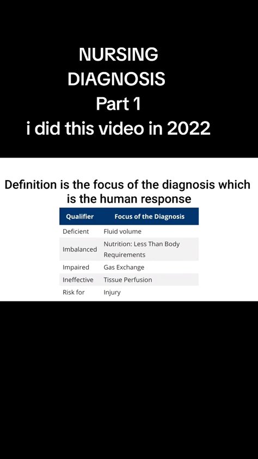The definition is the human response that is the focus of the diagnosis, e.g. fluid, volume, nutrition, etc. The related factor, which is the cause, describes the possible reason for the cause or change in human response.